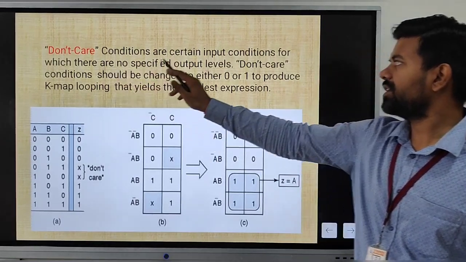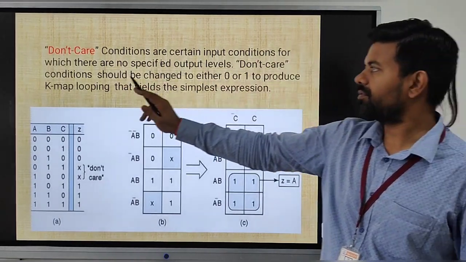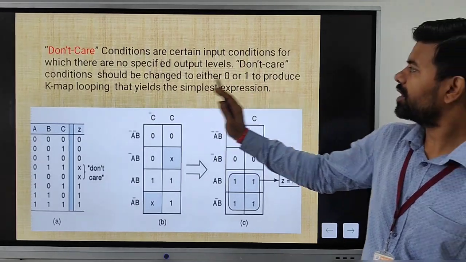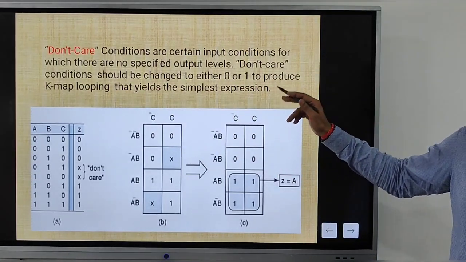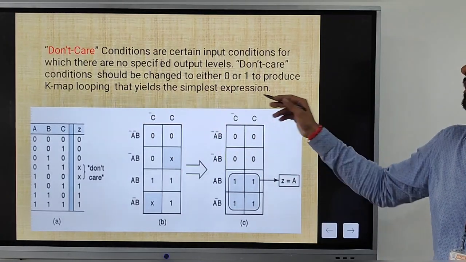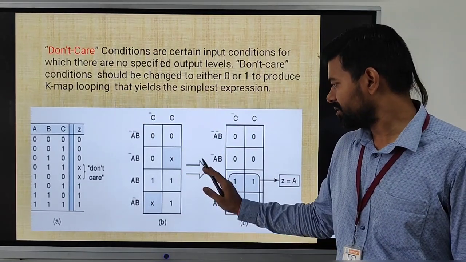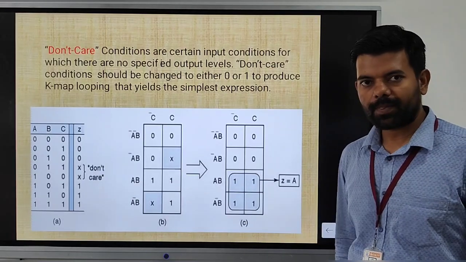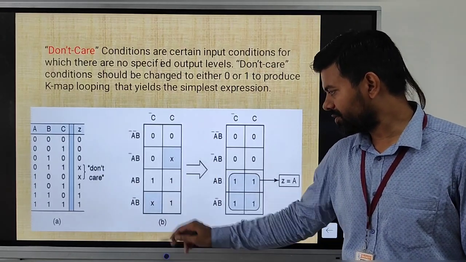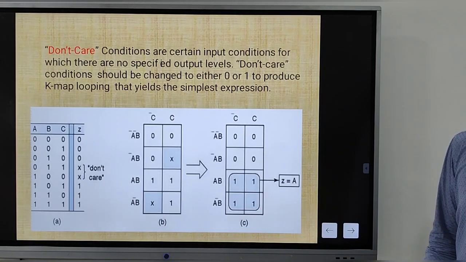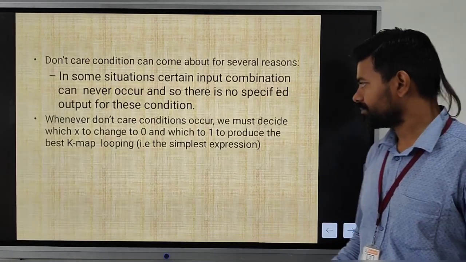Don't care conditions are certain input conditions for which there are no specific output levels. They should be changed to either 0 or 1 to produce K-map looping that gives the simplest expression. This is how we can put the don't care: this is x, this is x. We can put 0 or 1 so that we get the simplified form of the K-map.